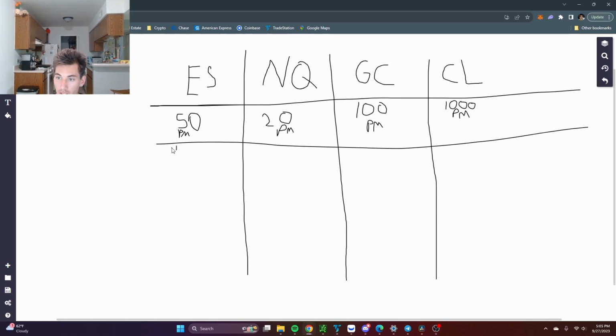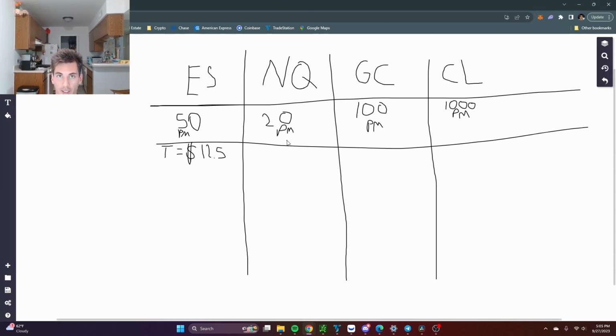So the tick, let's write T. Tick equals $12.50. So if you have 4 ticks, which is equal to 1 point, then each tick would be worth $12.50 for one contract. And keep in mind, this is just one contract. For all of these, multiply it by how many contracts you have and then how many points. That's how you would determine your profit and loss super easily.